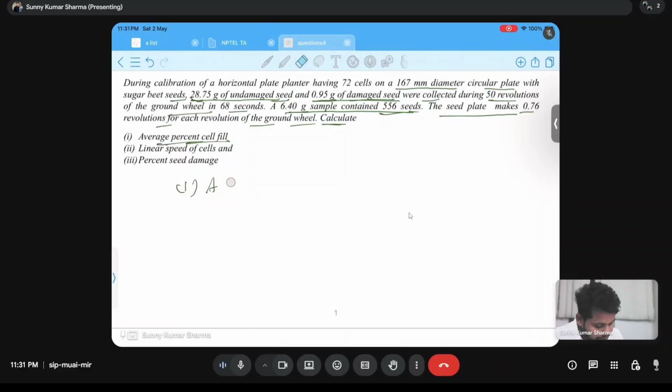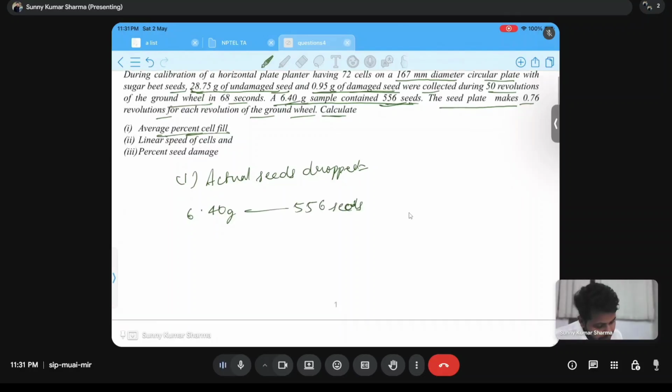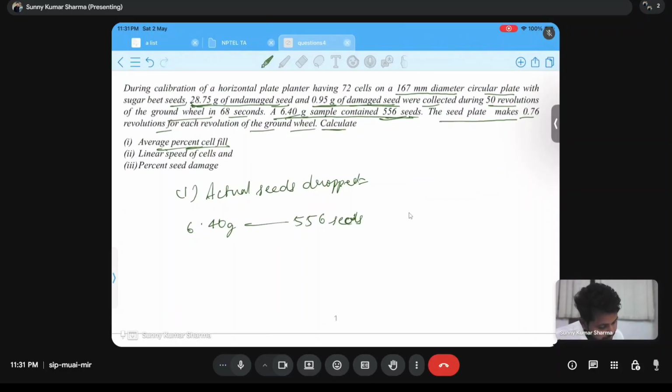For actual seeds dropped, the test weight is given: the 6.40 gram sample contains 556 seeds. And during calibration, we obtained 28.75 gram plus 0.95 gram.